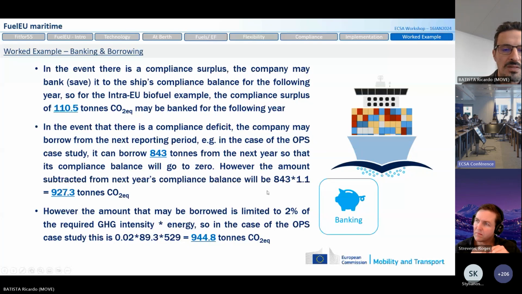So you would have to meet on the next year a significant compliance balance in this case. The amount to be borrowed is limited to 2% of the required greenhouse gas intensity times the energy. So you see here, the case of OPS, the maximum amount to be borrowed would be 944.8 tons of CO2 equivalent.